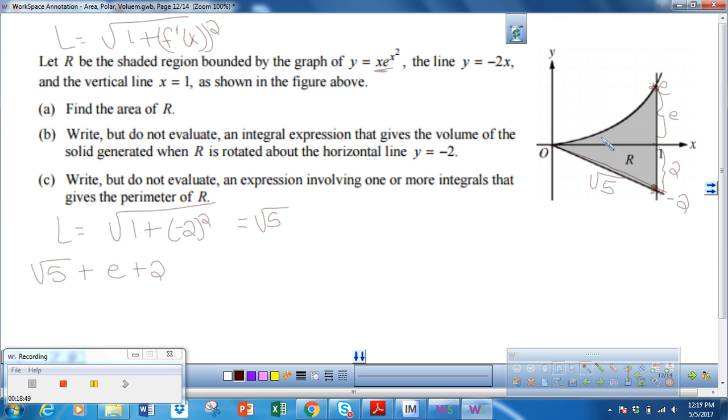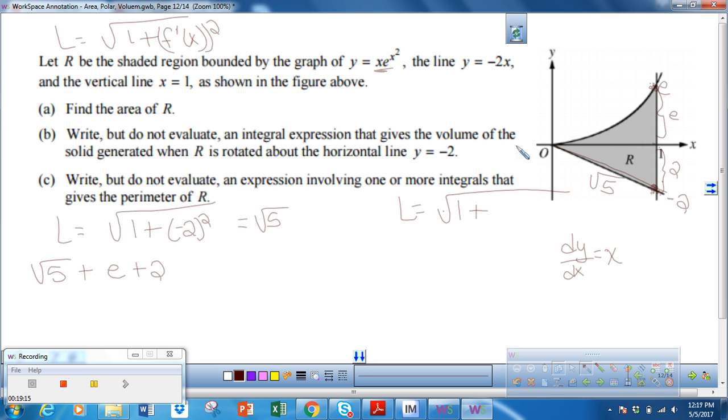Okay? Now, how do I find the length of this curve? Once again, we're going to use our curve length formula. So L is equal to the square root of 1 plus, I have to find this derivative. And you got 1 point for finding the derivative of y. So dy/dx is equal to, I'm going to have to use product rule.